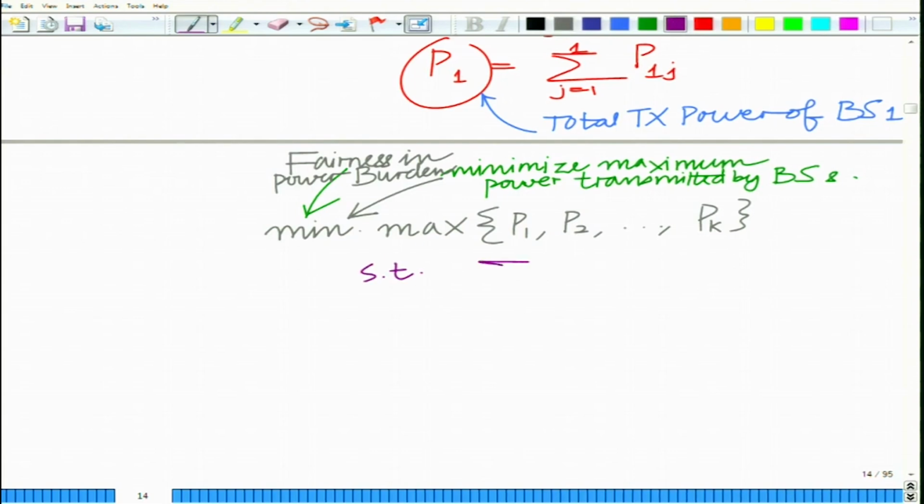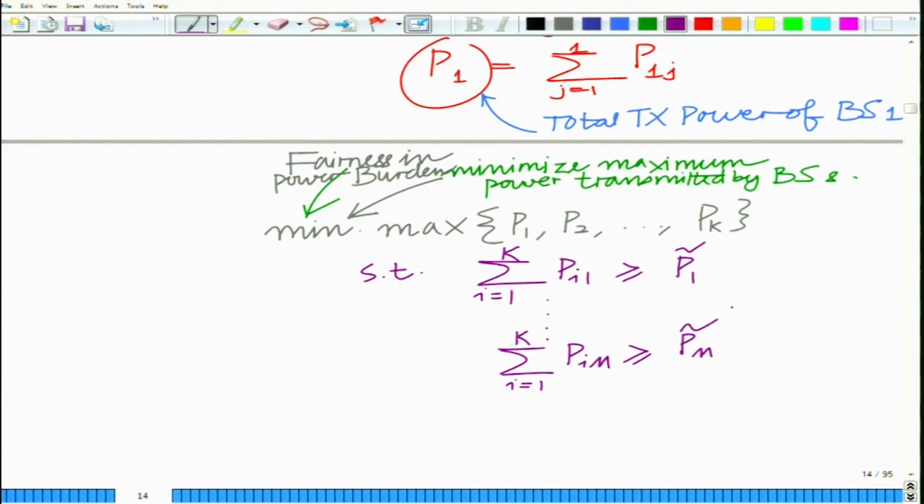That is, if you look at the desired power at each user, that has to be greater than the threshold. So, the constraints are there.